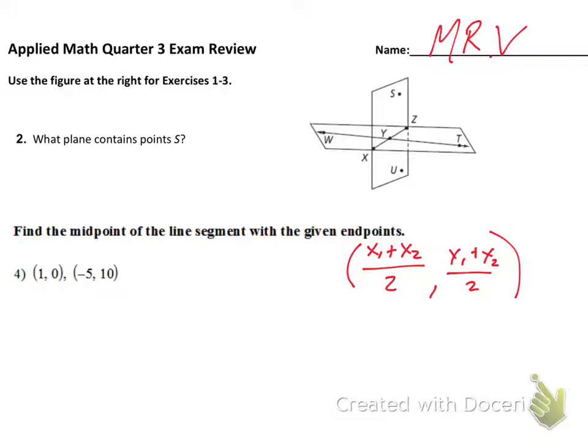So number 2 here, what plane contains point S? So we have point S right here. All you need is 3 points to name a plane. So I would just say plane, and then S looks to be on this plane only right here. There's 4 points, so I can name any 3 of those 4 points.